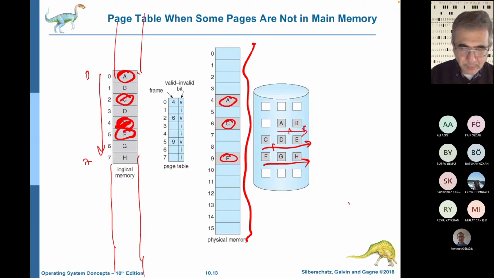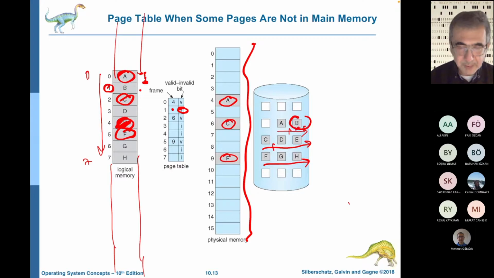For example, I am running part A and finish execution of part A, and part B is 1. 1 contains something here, but the bit is invalid. If the bit is invalid, that means page fault. I need to get B. B is after A, so it is here.